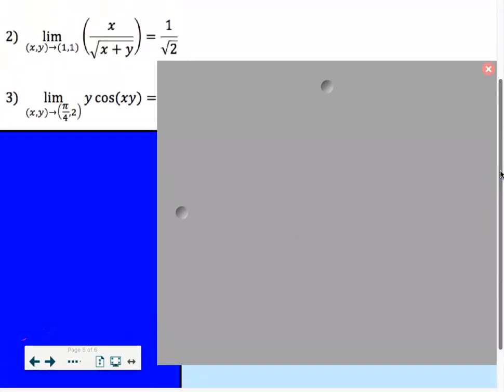All right, next one. Suppose xy approaches the point pi fourths comma 2 on the function y times the cosine of xy. Vikram, how are you doing?